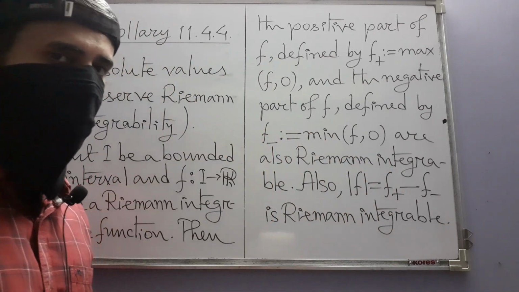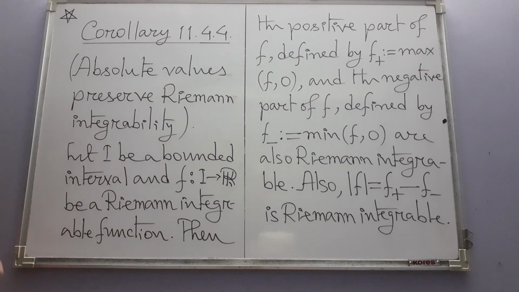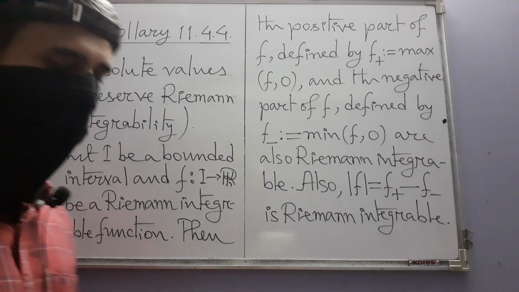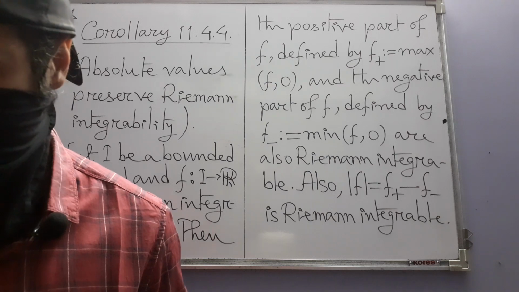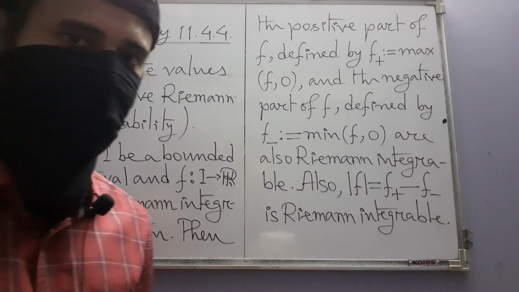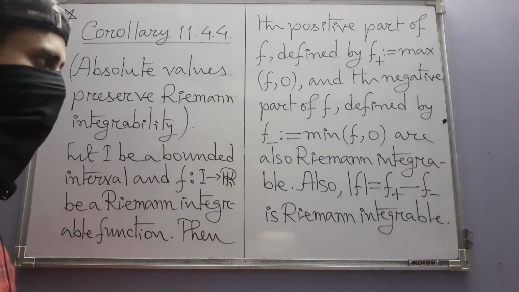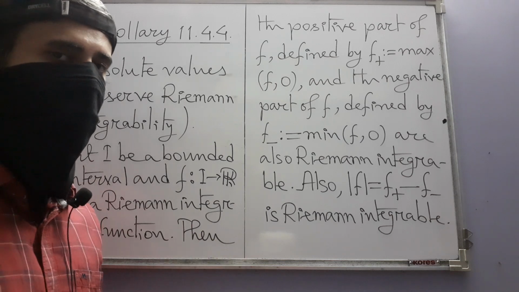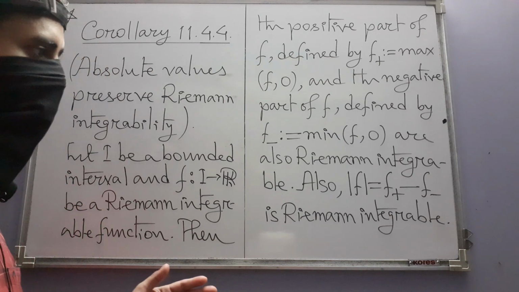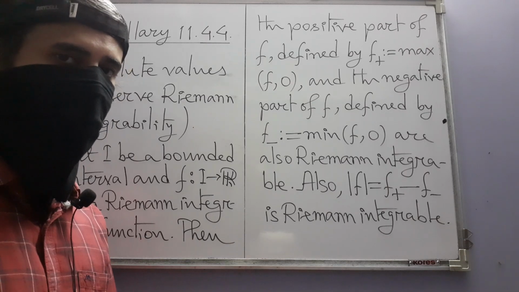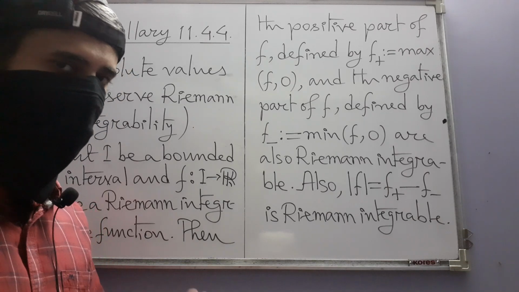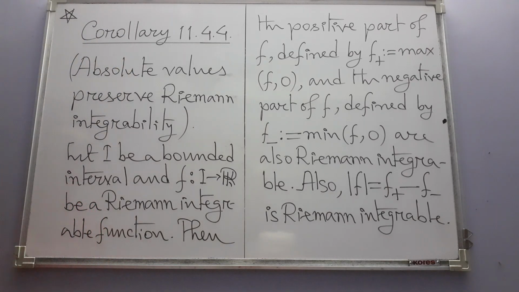And let's now go to the next result, which is the main result. It says that the product of two Riemann integrable functions is also Riemann integrable. We have so far not talked about products. We have only seen sums, differences, multiplying an integrable function by a constant. Such things we have seen.